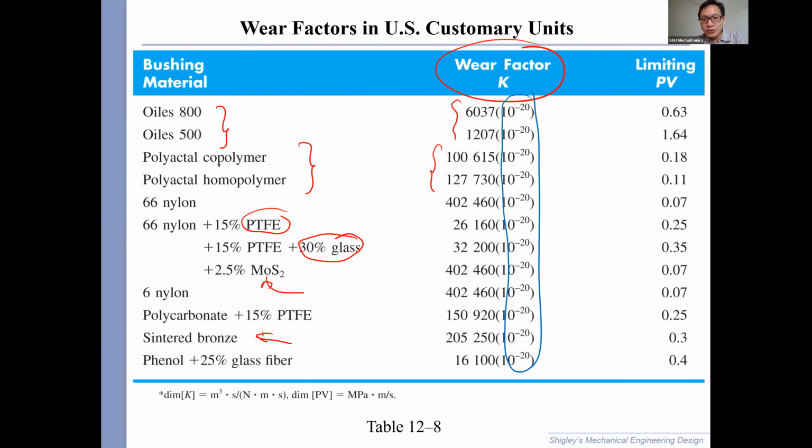Okay, you have these polymers, and then you have this oilless one. This is brass, from kuningan. This is less, so obviously brass is harder to wear out, or conversely, polymers are softer. They wear out more because their K is higher.